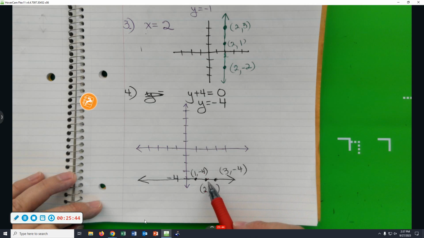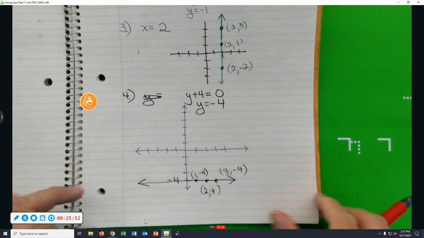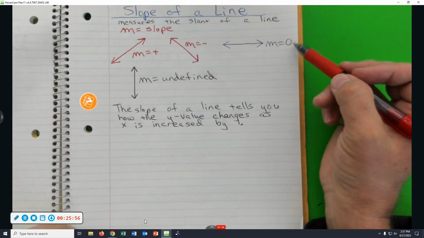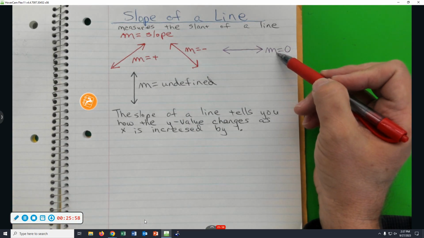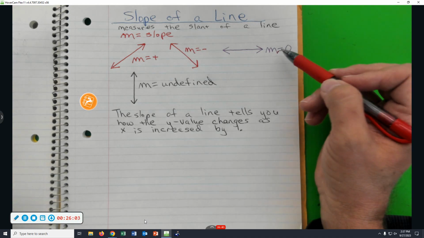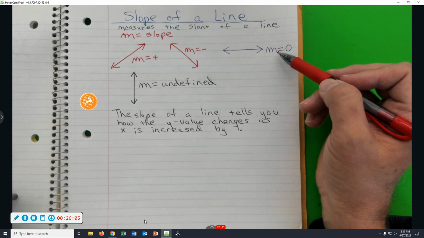It stayed the same. Same thing here. When you went from 2 to 3, x increased by 1. The y value didn't change at all. That's why the slope of a horizontal line is 0. When you increase the x value, there's no change on the y.